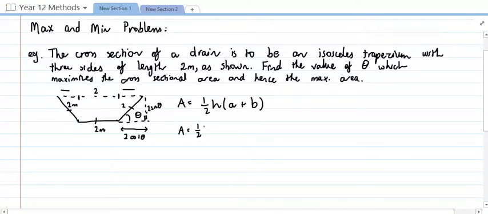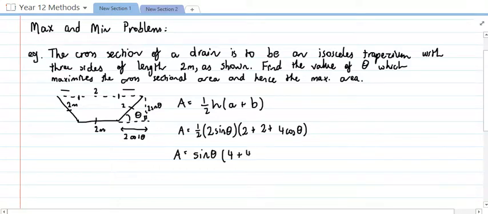So half of 2 sine theta, multiplied by A, which I usually say is the shortest side, which is just 2, plus B, which is 2 cos theta plus 2 cos theta, which is 2 plus 4 cos theta. And we just simplify that a little bit. Half of 2 sine theta is just sine theta out the front of 4 plus 4 cos theta. Well, that's looking pretty good so far.